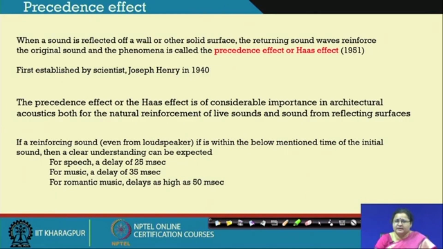But for music, a little higher time can be accounted, that is 35 milliseconds, and for very romantic music, you can go up to 50 milliseconds. These are all experimentally established, found out through geometrical ray diagrams.